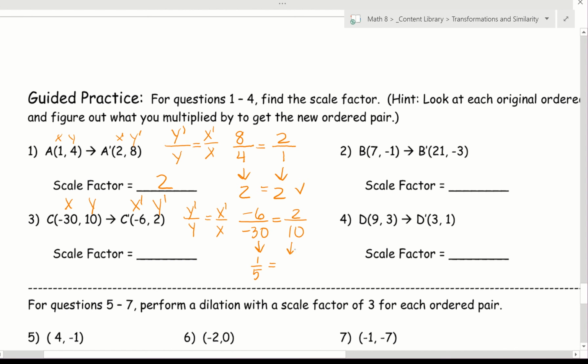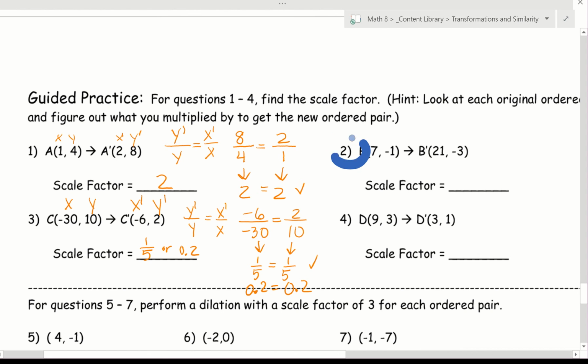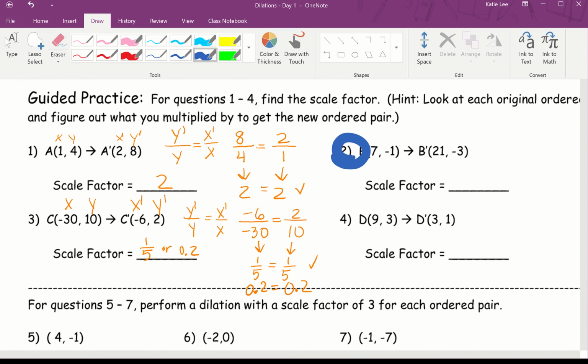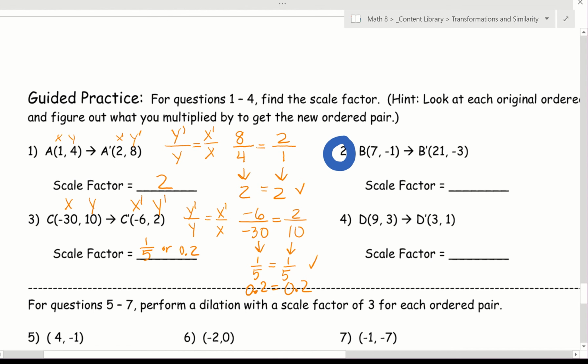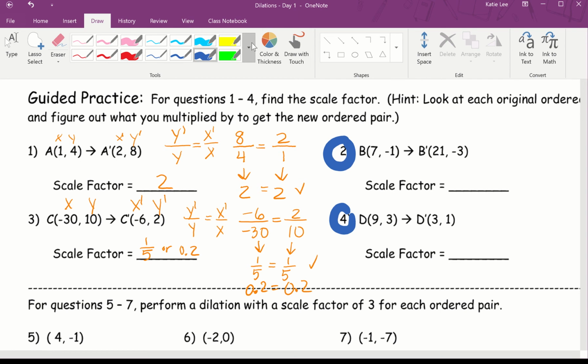And 2/10 reduced is 1/5. You can also get 0.2. That's perfectly fine. So since they are the same, there is a proportionality. They are a dilation. And it's a scale factor of 1/5 or 0.2 is fine. Okay? I would like you to do 2 and 4 for homework. And I'll check that eventually when we get back.